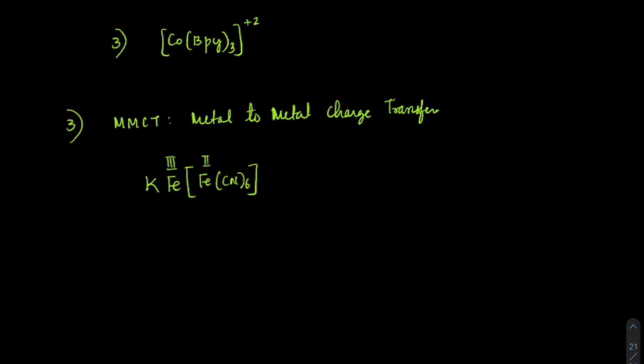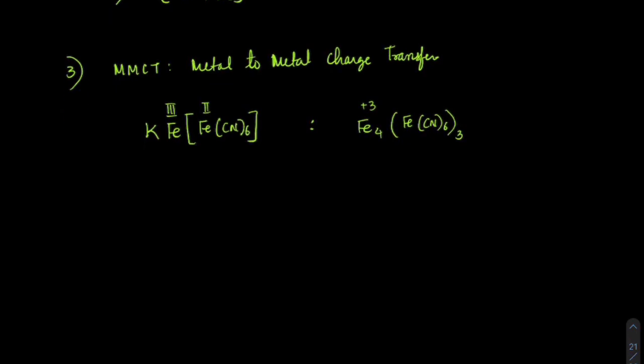Okay, so this complex, if you check it out as an overall molecule, it is actually Fe4 +3 connected with [Fe(CN)6] of 3 times. Correct.